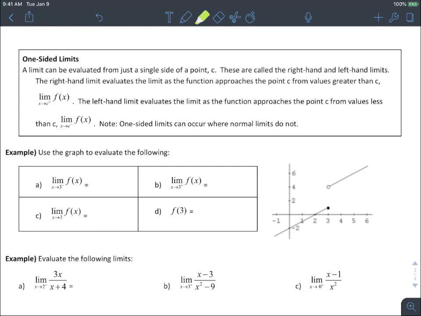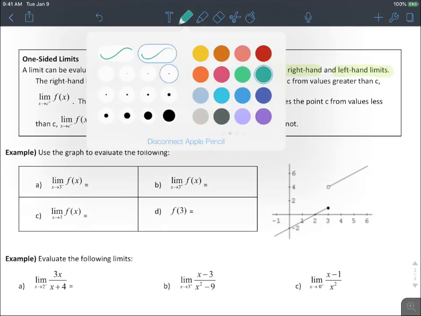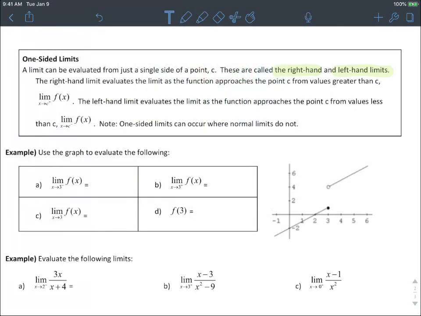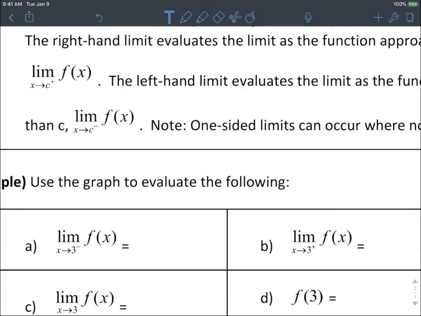The left side means that we're coming from the left, and the right side means we're coming from the right. Just because we have a right-sided limit doesn't mean that we have a left-sided limit, nor does it mean that we have an overall limit. We denote a left-sided limit with the minus sign right here. See the minus sign? That means from the left.